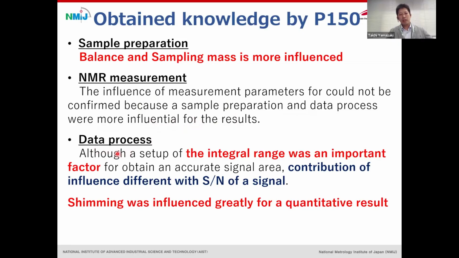In data processing, the setup of the integral range was an important factor for obtaining accurate signal area, including contributions from differences in the signal-to-noise of a signal. And we also summarize that shimming greatly influenced the quantitative result.